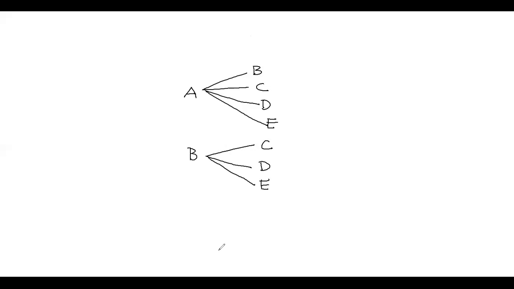Now I'm going to choose C. For C, obviously you cannot choose CA or CB because these are already included in the previous ones. So if the first is C, you can only have D and E. D is already covered by A, by B, and by C, so I don't have the D's here. The same way with E.